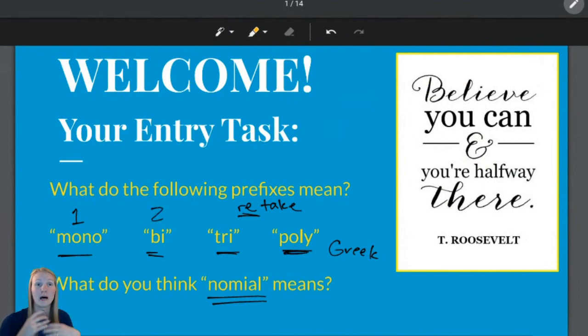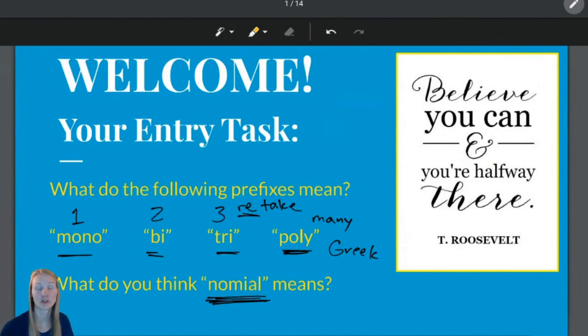Bi, we have bicycles, two wheels, so bi typically means two. Tri, tricycles, of course, three. And then poly actually means many. So it's not necessarily four, could be more.